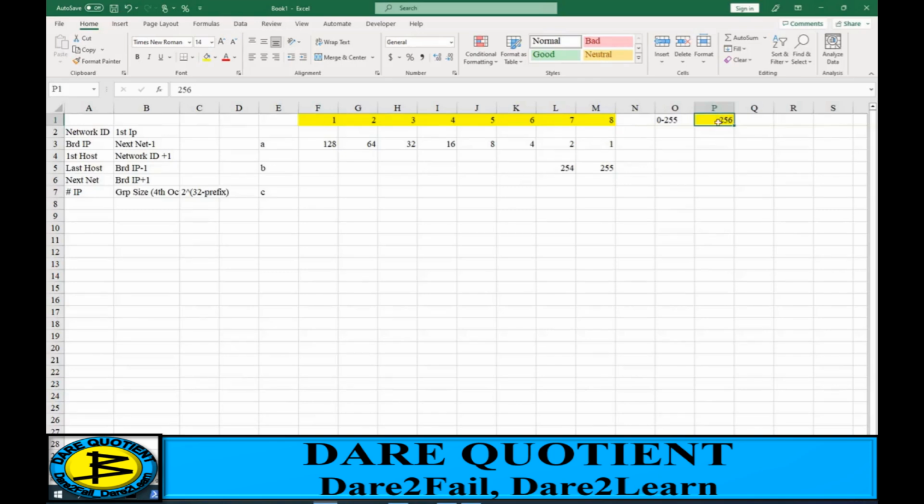Now taking our magic number 256 and subtracting these numbers from 256, we put the corresponding answer in our row B here. So for the first column, which is column 8, if we do 256 minus 1, that gives us 255. We go to the next, 256 minus 2, that gives us 254. And we'll do that all the way to column 1.